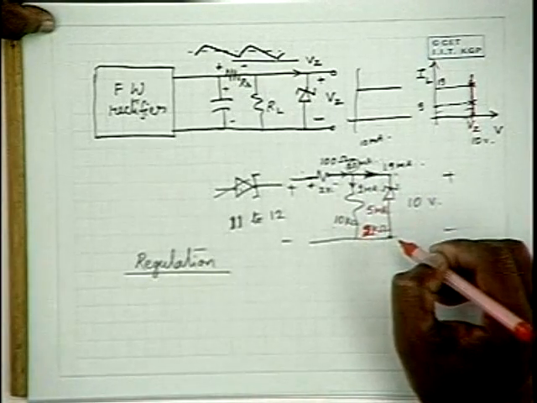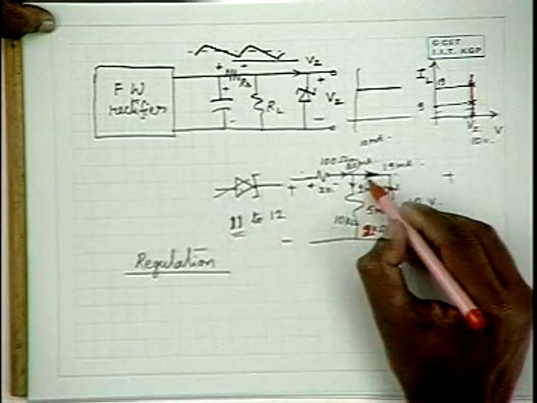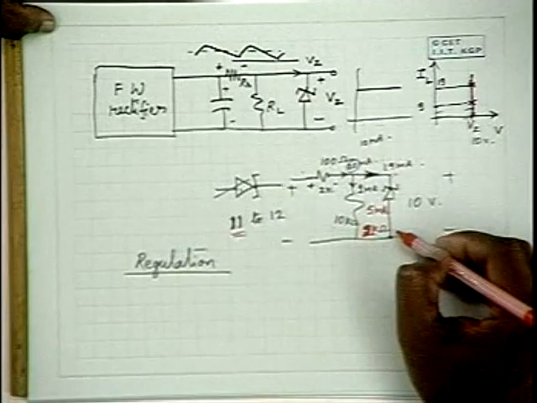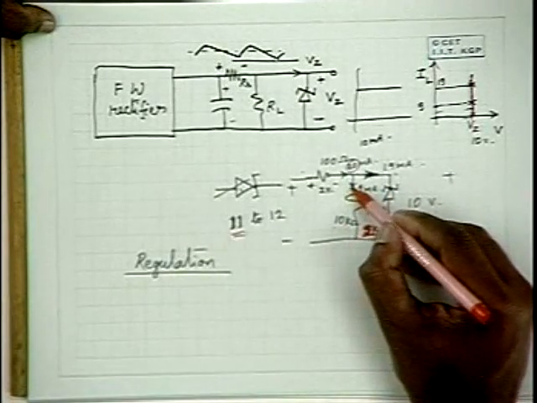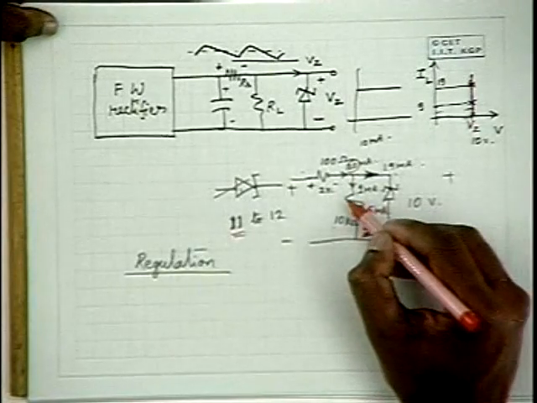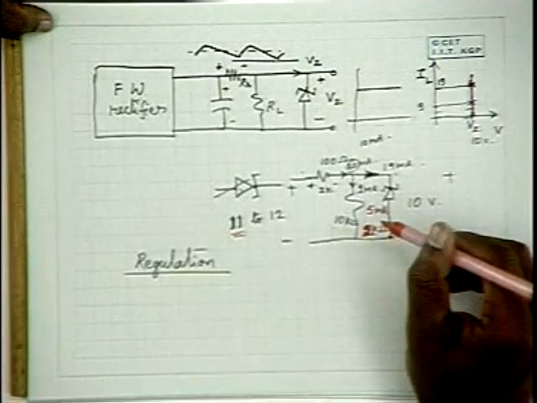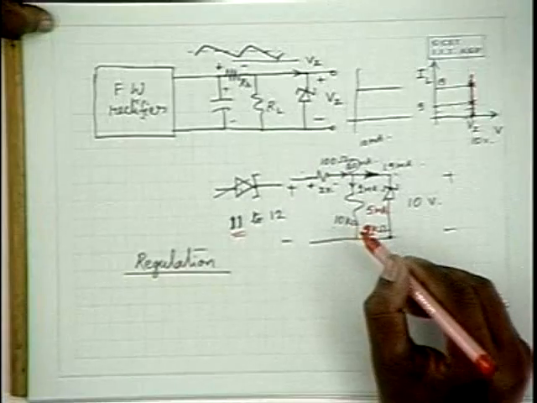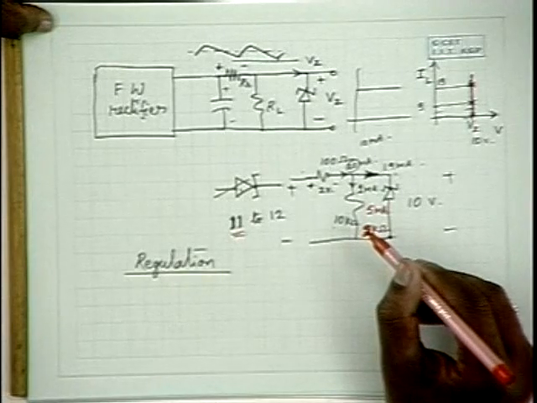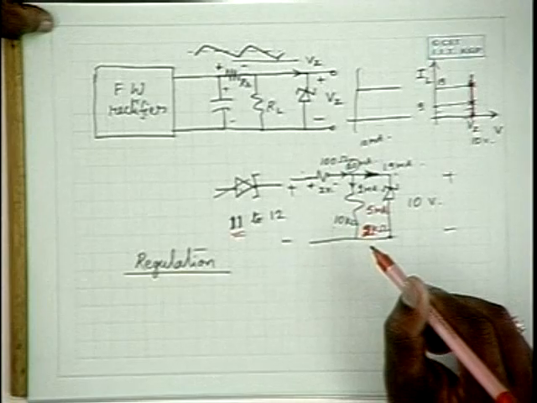So under the minimum voltage, if you want to maintain 1 milliampere through this, what is the current that can at the most be drawn by this load resistance? It is naturally 9 milliamperes. That means the resistance is of the order of 1.1 kilo ohms. That is the smallest load resistance that can be connected here.